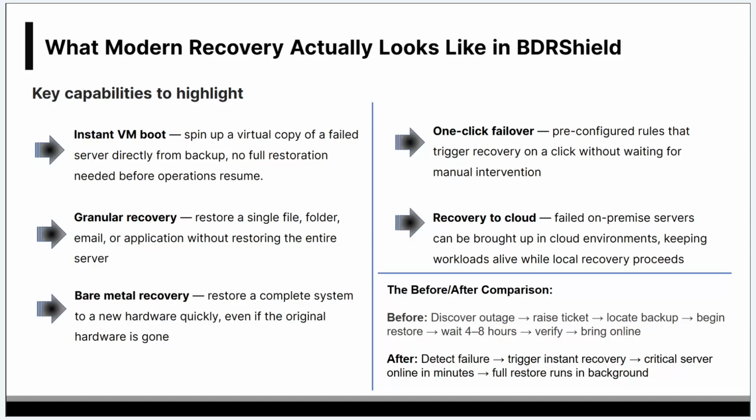So that makes my process still easier, faster. And later, once I'm done with this failover, I need to roll back whatever changes I've made on the recently brought up machine to my source host. So that feature is available in the BDR Shield for both VMware and Hyper-V virtual machines.